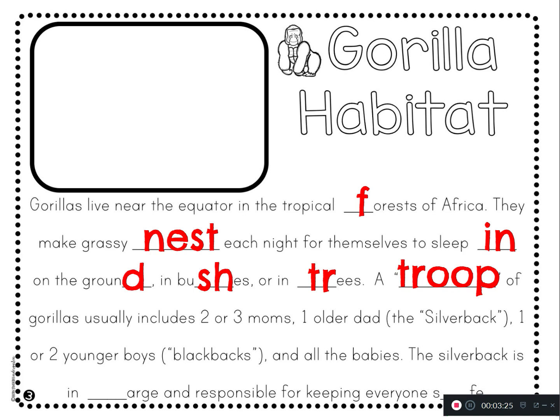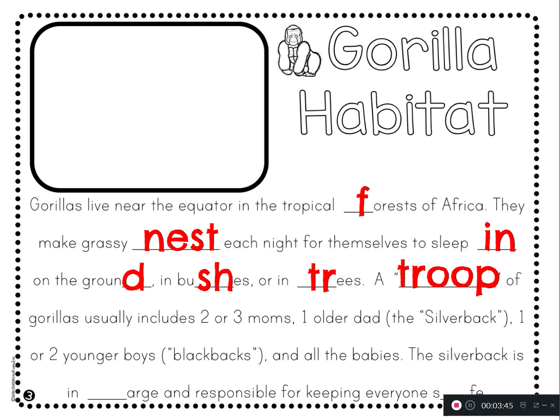When they get older, they'll have silverbacks. And all the babies. So a troop of gorillas usually includes 2 or 3 moms, 1 older dad, the silverback, 1 or 2 younger boys, blackbacks, and all the babies.